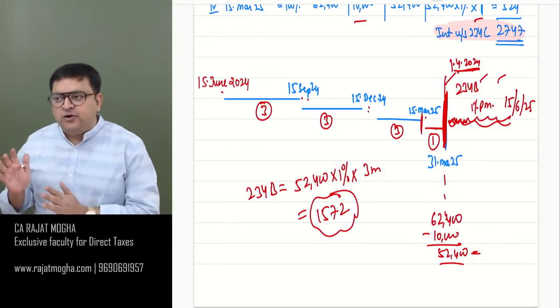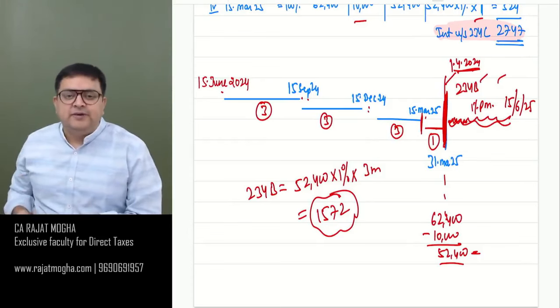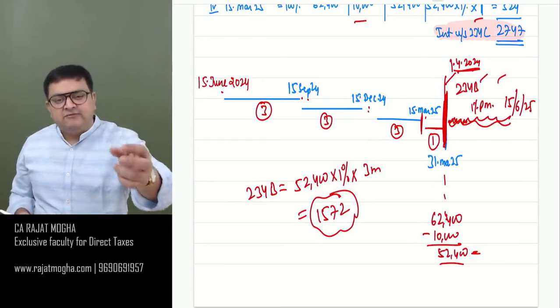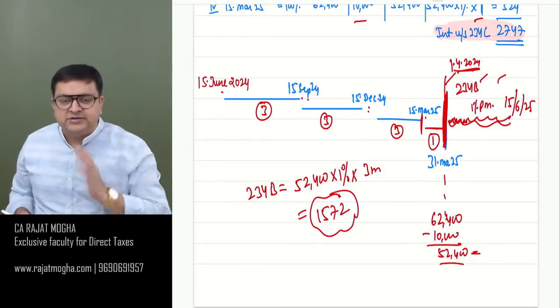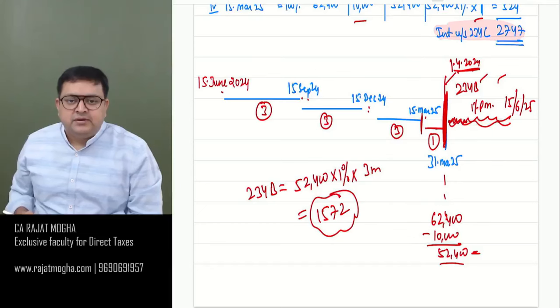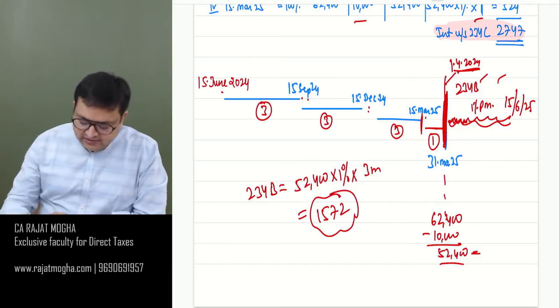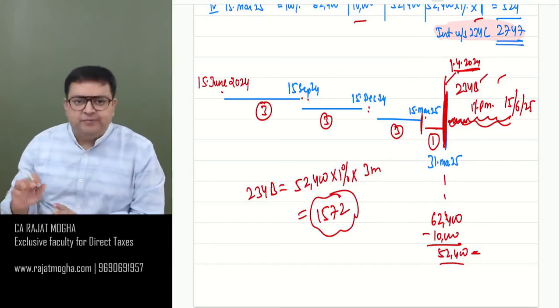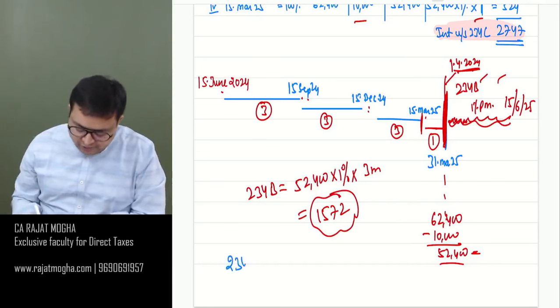234B interest will go on till you don't pay your taxes. And generally the time when you file your return, we charge 234B. Then there is one more which is not at all important, 234A.